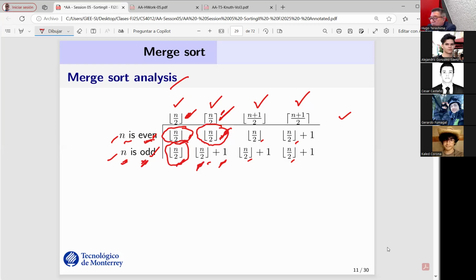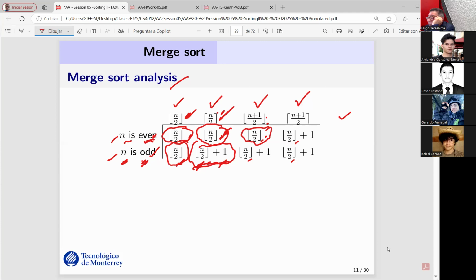So if n is odd and you apply n over 2 ceiling, you are going to get n over 2 floor plus 1. Clear enough? And it's the same for all the other cases. So if n is even and you apply n plus 1 over 2 floor, it is the same as applying n over 2 floor. Yes?